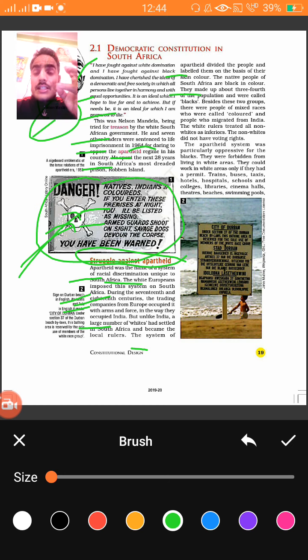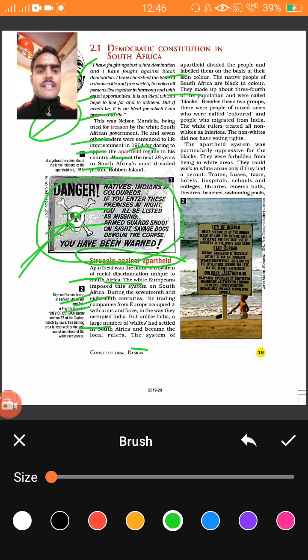Look at the racial discrimination in South Africa. Besides the two groups, there were people of mixed race who were called the colored, and people who migrated from India. People who migrated from India, when they got married to a South African, these persons are known as the mixed colored.